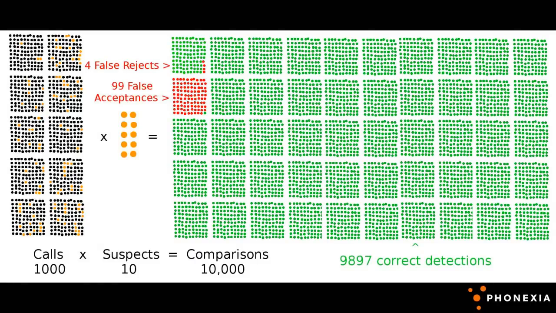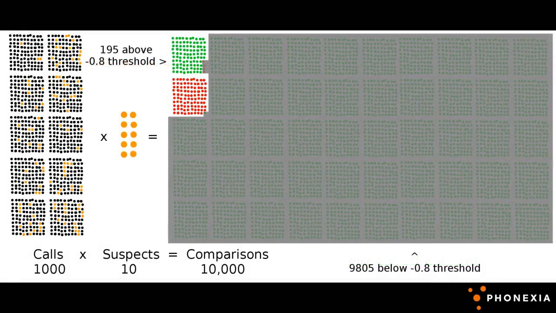The rest of the comparisons will be classified correctly. So in the end, the system would only suggest 195 comparisons for further inspection. Again, among the false acceptances there will possibly be some phone calls where another suspect will be identified correctly. So the number of phone calls for further analysis is likely to be less than 195.